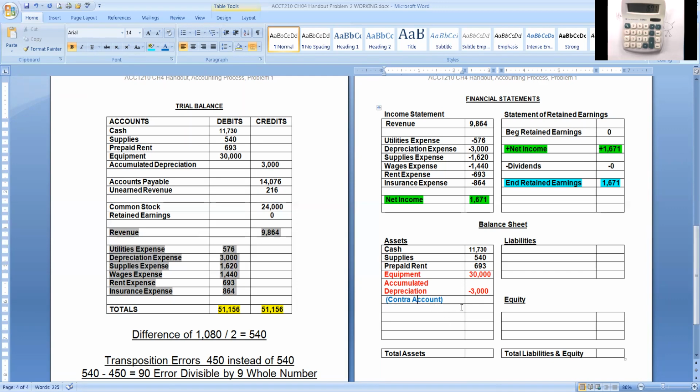And there's a few more of them, but this is one of the big ones. It's actually called a contra asset. Another time you see it, it's called a contra asset. Same thing. I mean, it goes against the assets. It goes against an asset, I should say. Oops, too many T's. Okay, so these are all done.